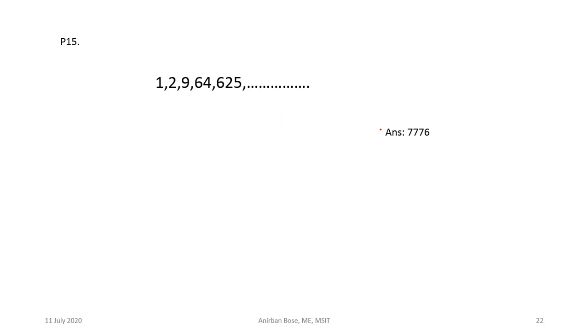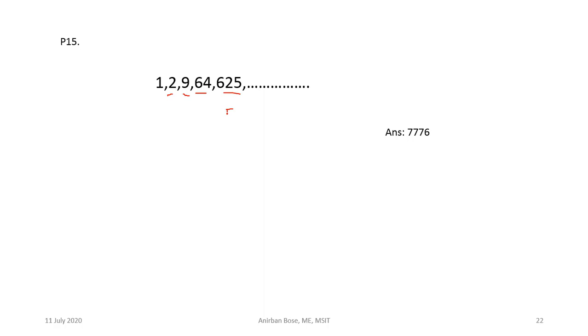Now coming to problem number 15. Here you see the numbers 624, 64, 9, 2. These are basically numbers that you can think of in this way.